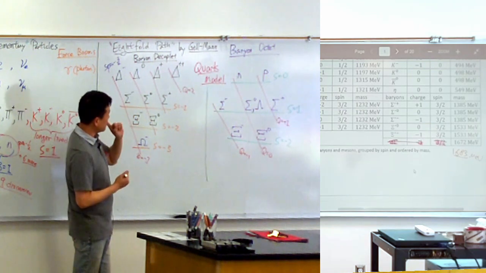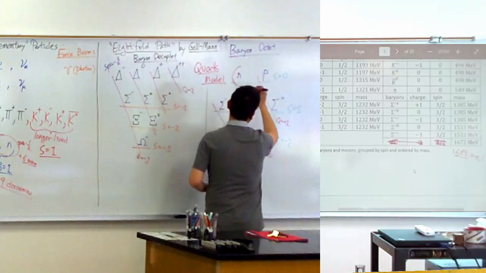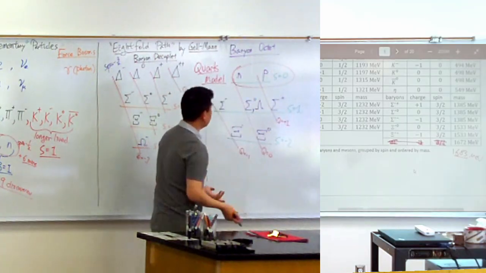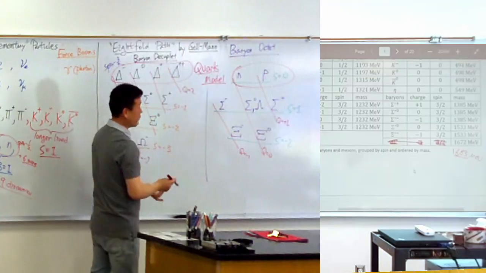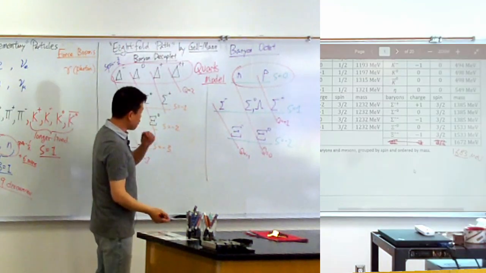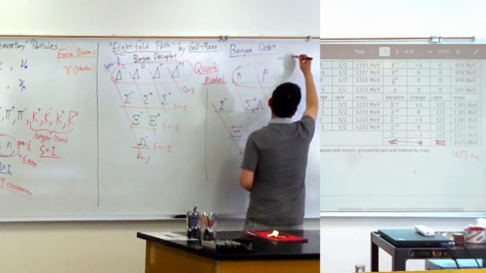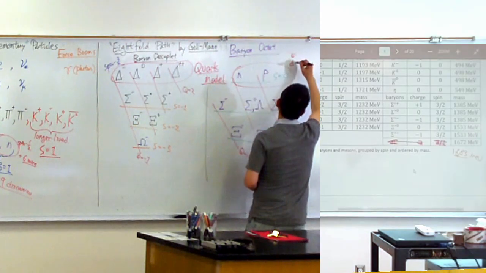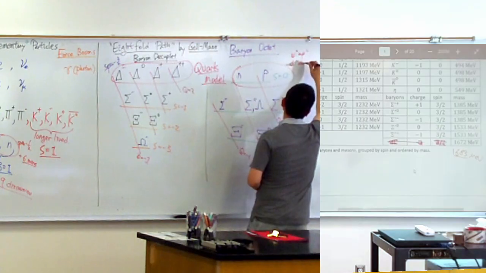And with these more mundane, non-strange particles, we associate them with mundane, unstrange quarks. We give those quarks the names up and down. So these are made up of up and down quarks, U for up, D for down.